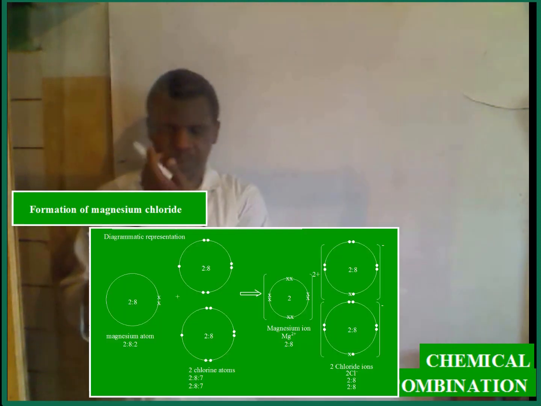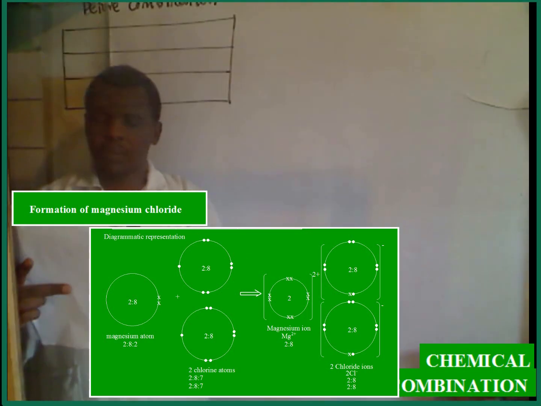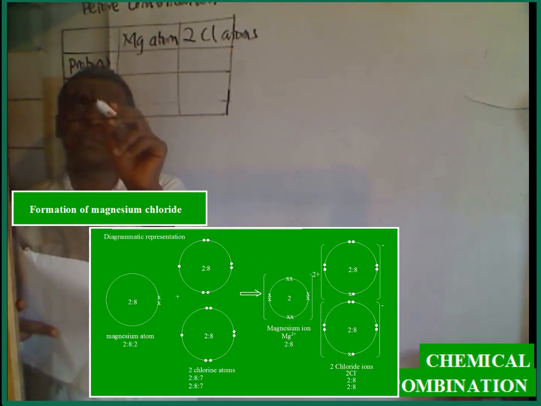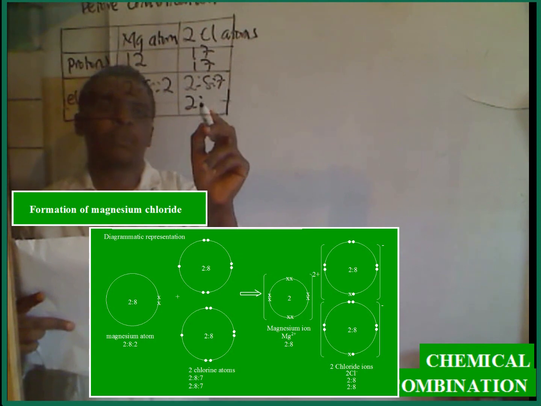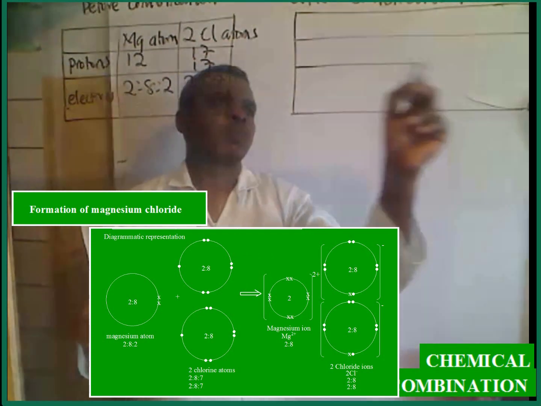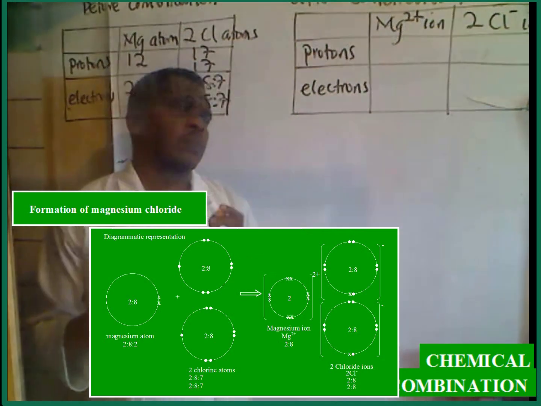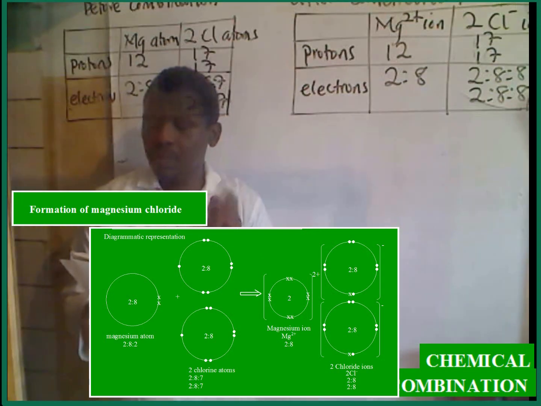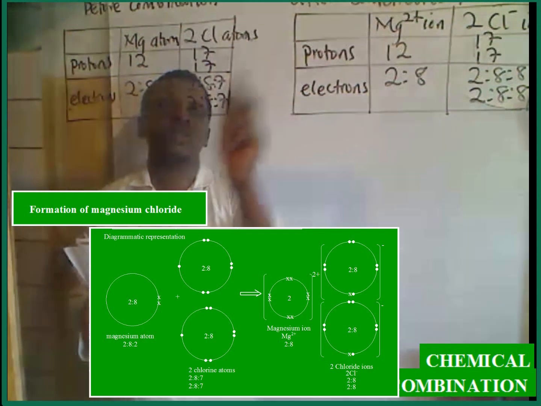Formation of magnesium chloride. During the formation of magnesium chloride, one magnesium atom is combined to two chlorine atoms.